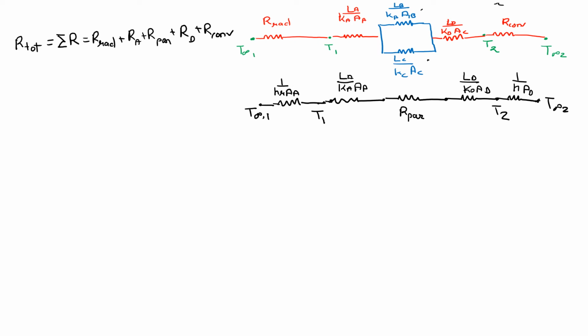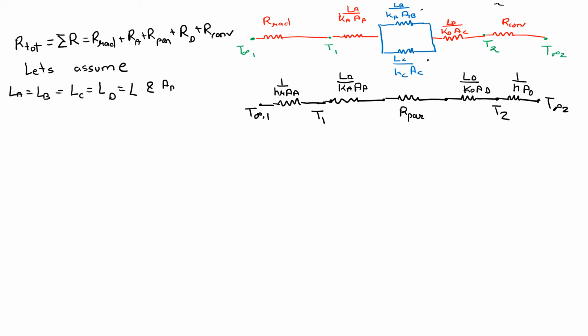For simplicity, let's assume that all the lengths are equal, so the thickness of all the composite materials is equal. If you get a numerical problem, these lengths will be given to you.